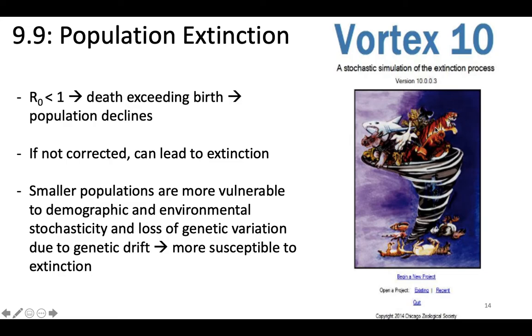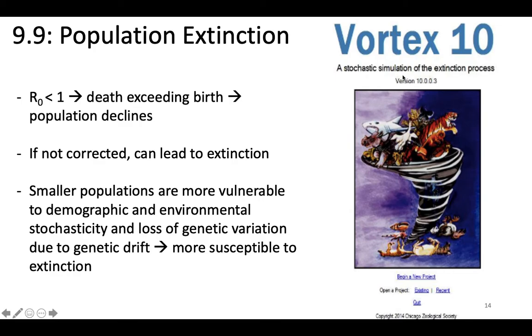In previous years of ecology, I've taught a lab where we use this conservation program called Vortex 10, which is one of these stochastic simulations that you can use to look at extinction processes. It's mostly used for things like large endangered mammals, where you know exactly how many individuals are in the population. You know how many seal pups an individual seal births a year, because you can watch them give birth and tag them individually.